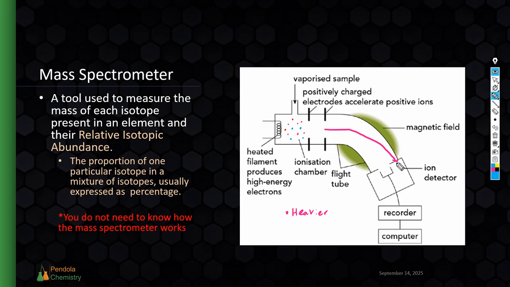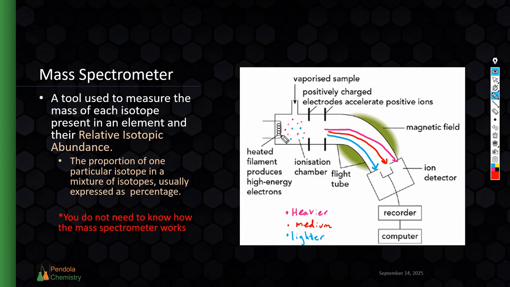Those with a lighter mass, let's make the lighter mass blue, will turn a lot more because they're easier to turn because their masses are lighter. And then the red, we'll call them medium. So if they have a mass in the middle of those two, then the red ones will turn less than the blue ones, but more than the pink ones.